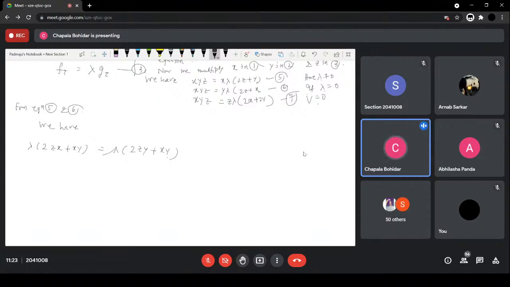Lambda cancels out, xy cancels out. So what do you get here? xz is equal to yz, which implies x is equal to y if z is not equal to 0.